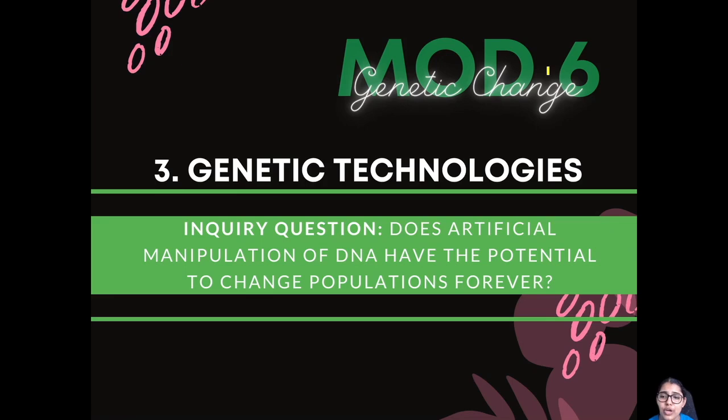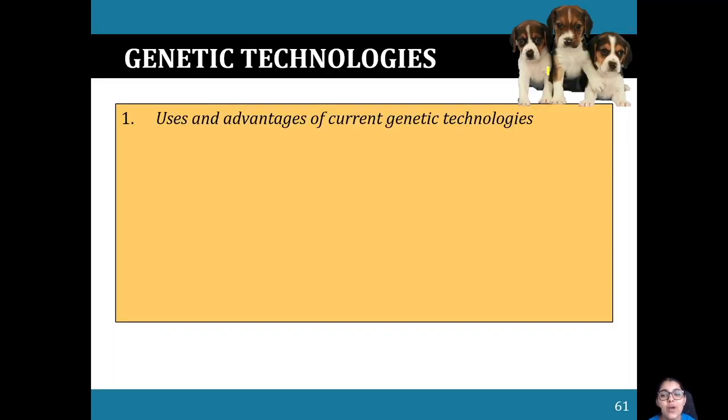I'm going to move on to the third part of this module. So here we are, genetic technologies. Does artificial manipulation of DNA have the potential to change populations forever? We're going to discuss the uses and advantages of current genetic technologies.